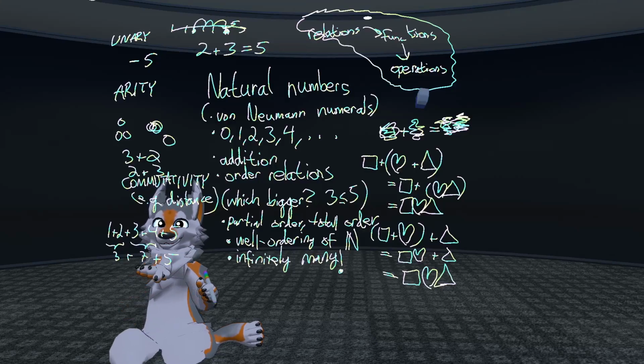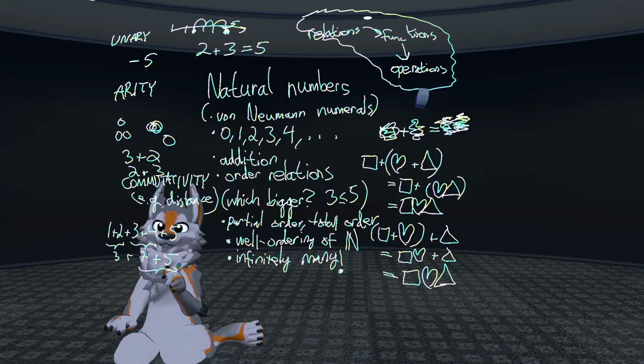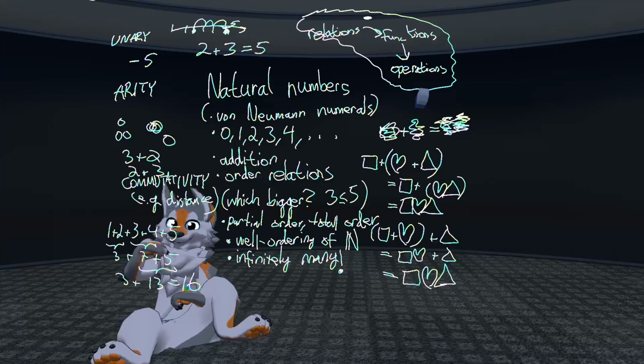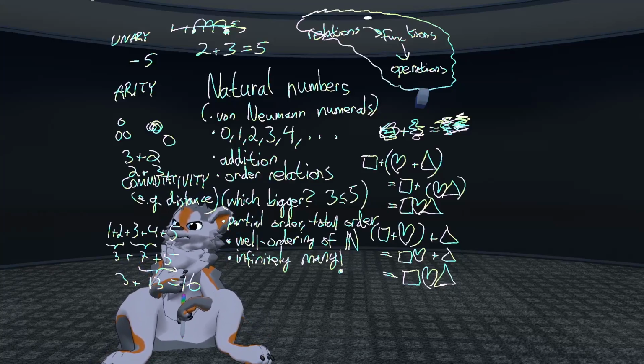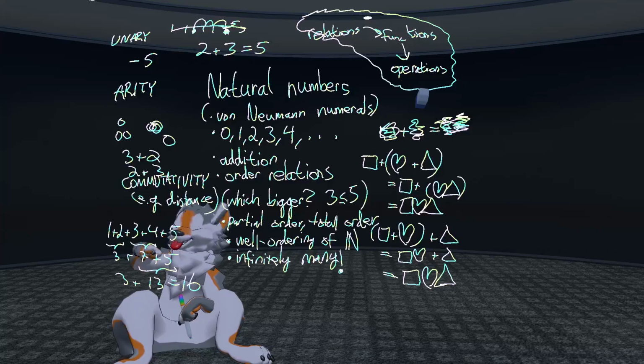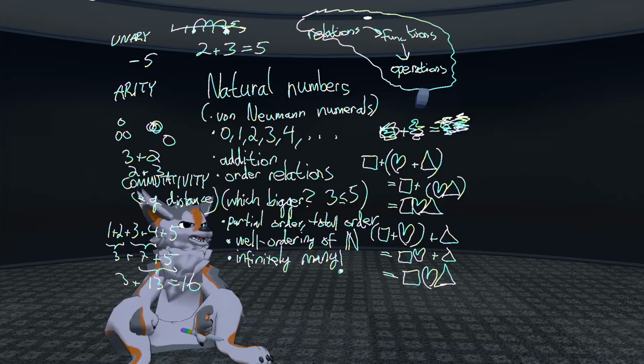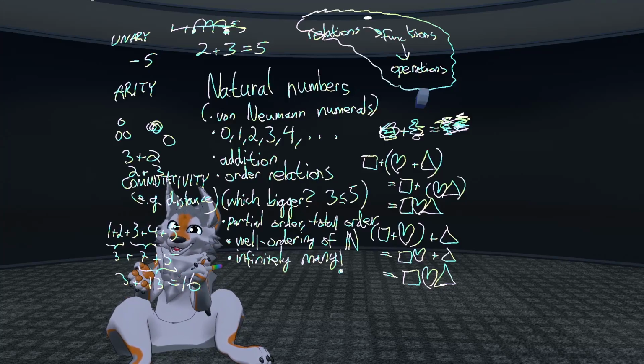And now we can maybe evaluate this to be 13, and maybe add 3, and this to get 16, right? So we can evaluate these in any order that we choose, and to me that's highly not obvious.